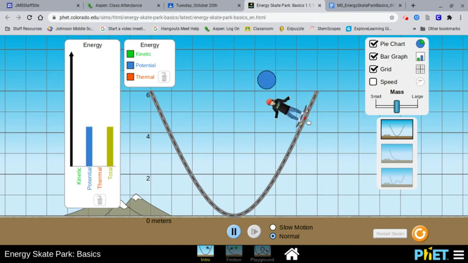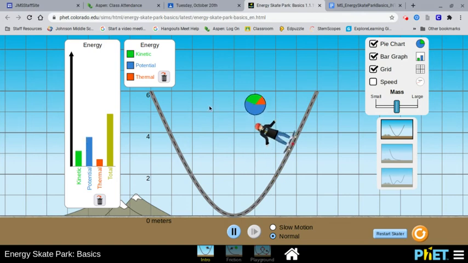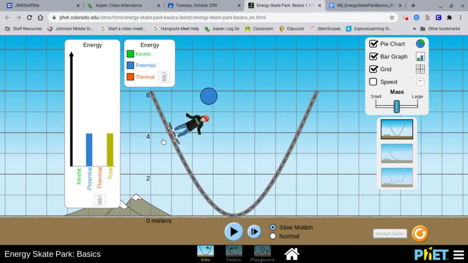So basically, you place the skater up here at 6. If you place them anywhere off the track, if it's not hitting this gray line, it's not accurate. So what you need to do, I like to do it in slow motion, and you can pause, pick him up, and put him right at the 6 mark.